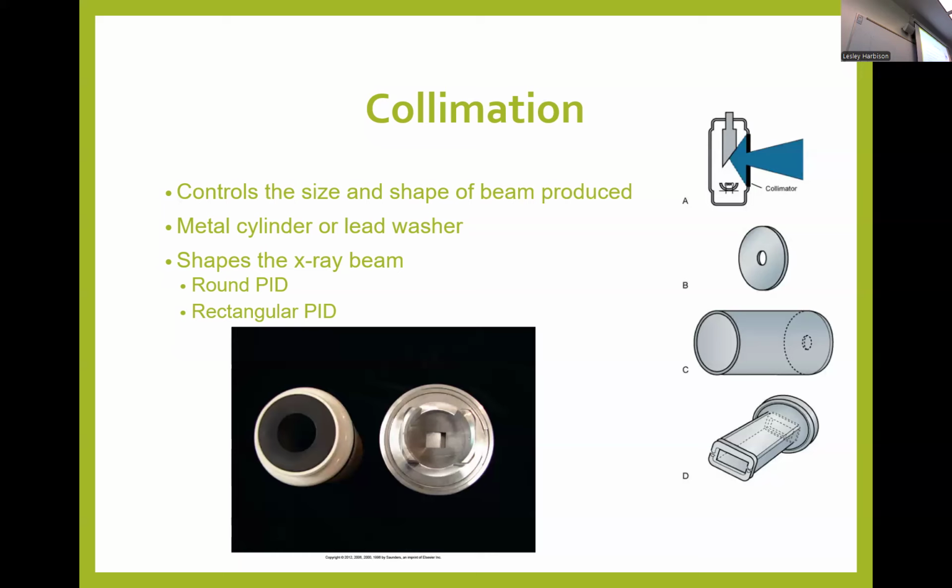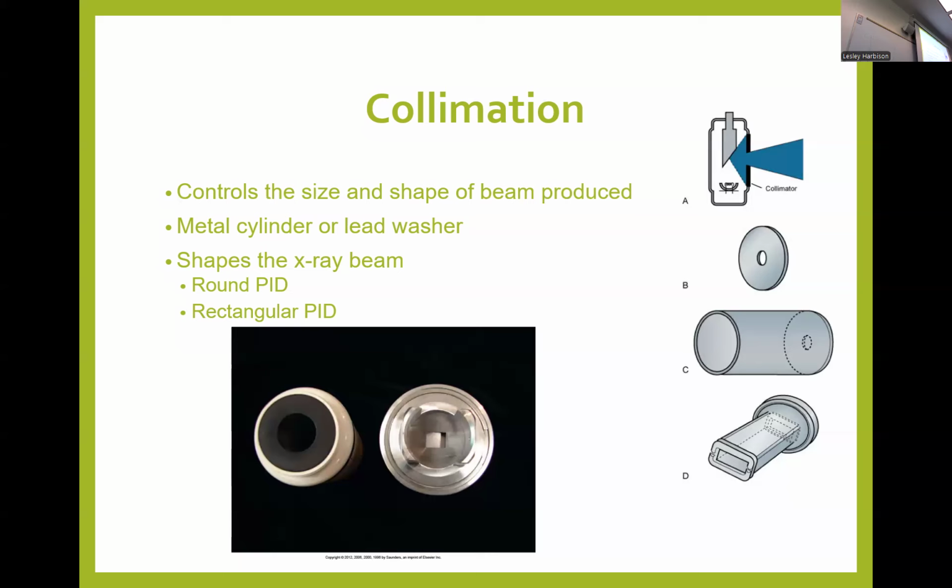This is just going to totally absorb a certain amount of X-ray photons, high energy ones, low energy ones, high power, low power. It's going to totally absorb them, and it's going to restrict the size and the shape of the X-ray beam. Notice how this one here is rectangular.